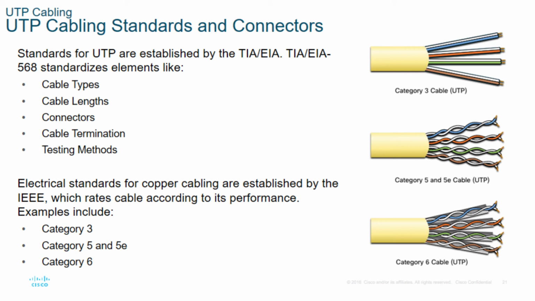The electrical characteristics of copper cabling are defined by the Institute of Electrical and Electronics Engineers, known as IEEE. IEEE rates UTP cabling according to its performance, and cables are placed into categories based on their ability to carry higher bandwidth rates.